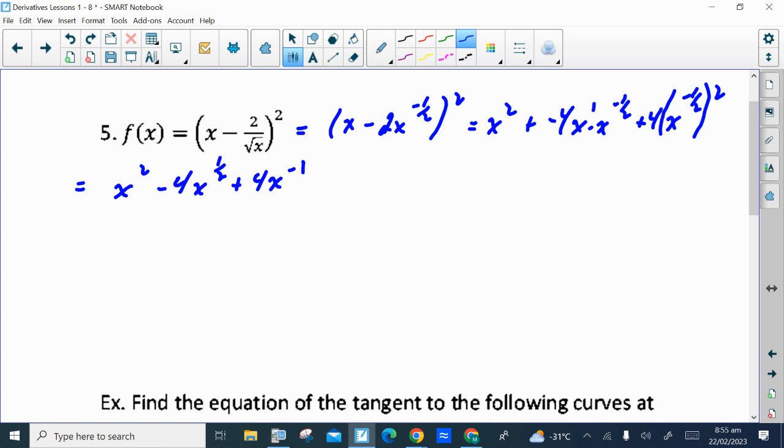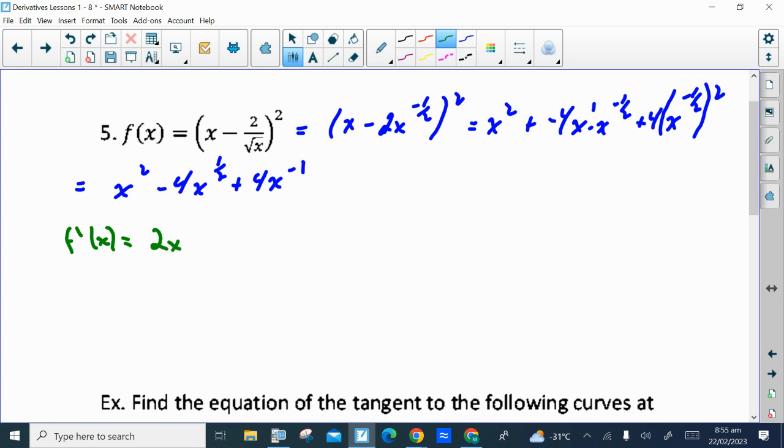We simplified it first because we haven't learned how we differentiate quotients. We haven't learned how we differentiate when you have an expression raised to some power. So now we can take the derivative. And f prime x is found by taking the derivative of each term. The derivative of x squared is 2x.